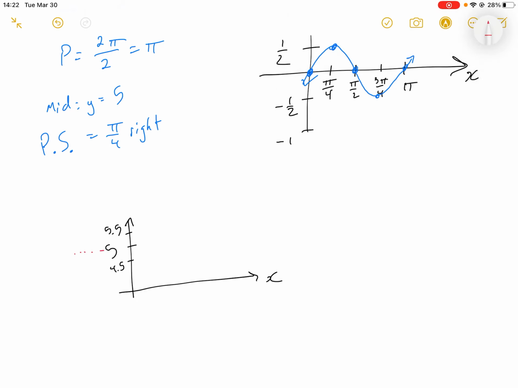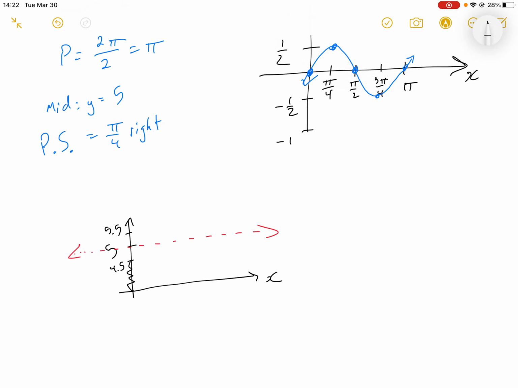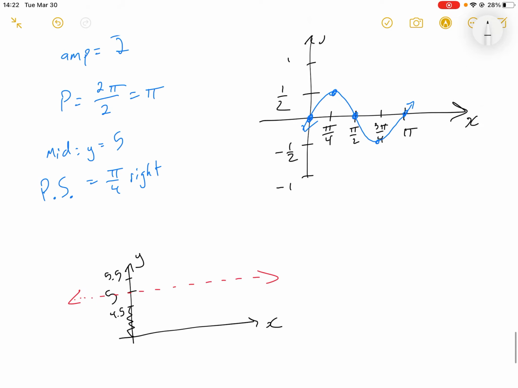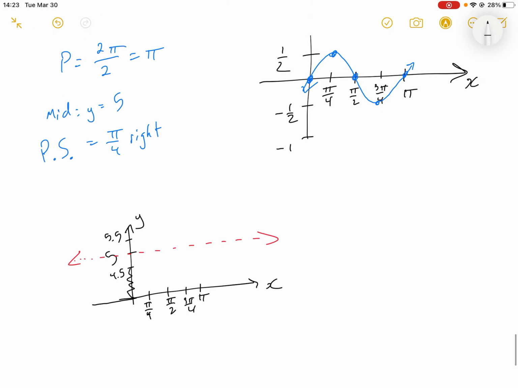I'm going to put my midline in there, and then just to make sure my axes are correct, I'm going to do one of these squiggles here to show that I sort of broke the y-axis, and I'm not going to scale until I hit that line up there. Okay, then on my x-axis, I still need my pi over 2, my pi over 4, my 3 pi over 4. Notice I am leaving myself a bit of room to work because when we shift left and right, we'll have to adjust some stuff.